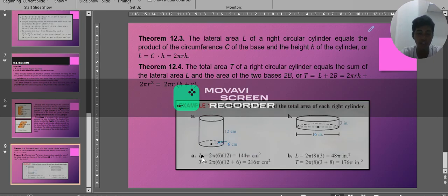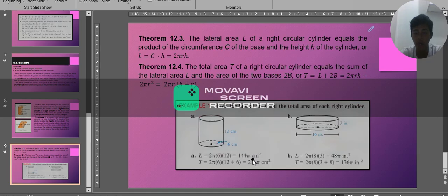For A, the solution is L equals 2 pi times 6 times 12. Why? Because the radius is 6 and the altitude is 12 centimeters. When you multiply 12 times 6 times 2, the result is 144 pi square centimeters.